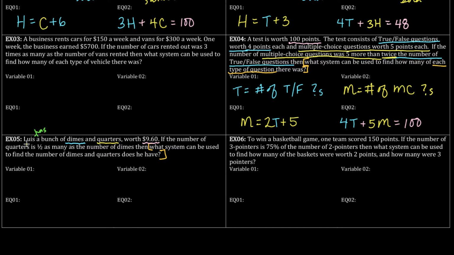And the number of quarters, I guess I should underline this. The number of quarters is half as many as the number of dimes. So D equals number of dimes, and then we have number of quarters.